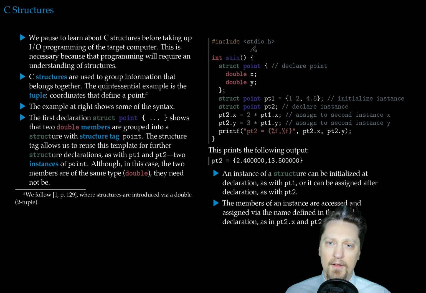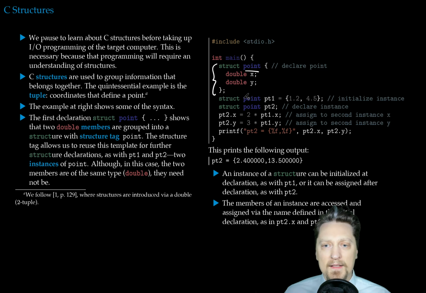So we have a main function, and we're going to declare what a point is. So point is a struct, a structure. We have two elements in the structure, a double called x and a double called y.